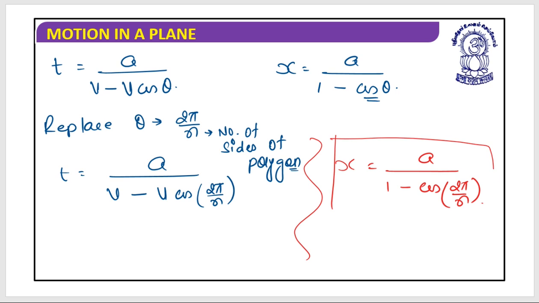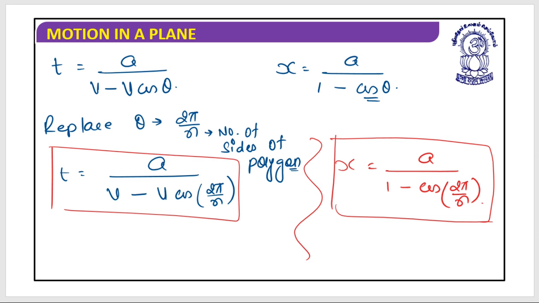You should consider this very carefully: these two formulas must be remembered, because the other one or two approaches are very calculative or very logical, so it may require a larger amount of time to solve this kind of question. This is probably the best possible approach, so remember these two formulas and the things will be done.